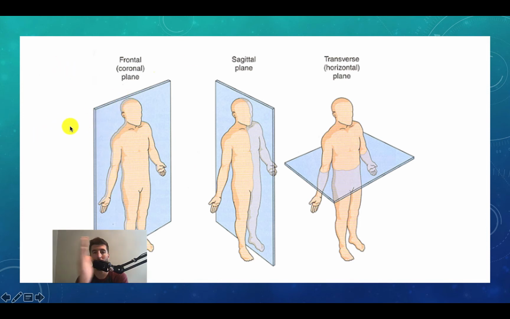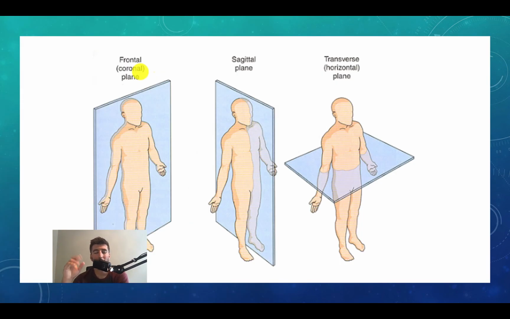The sagittal plane is cutting us into side and side, and the transverse plane, again, is cutting us into top and bottom, right? So the transverse plane is essentially a cross section, the sagittal plane is side sections, and the frontal plane is a front and back section.